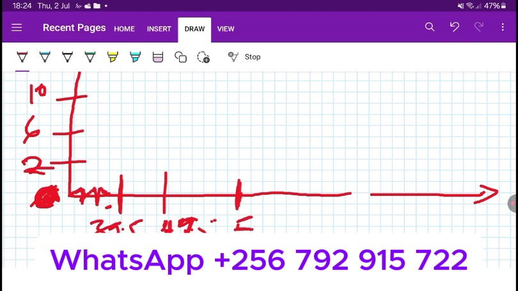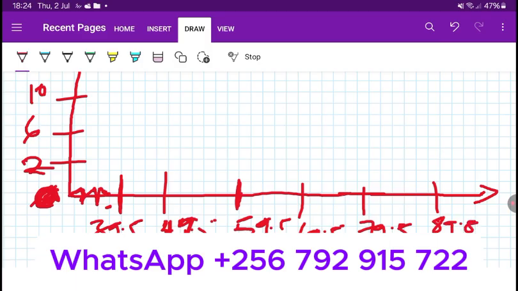This is 59.5. Then this is 69.5. Then this is 79.5. And then 89.5. Then we start our bars.